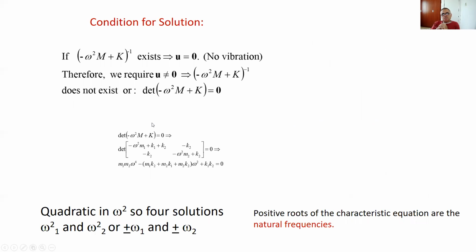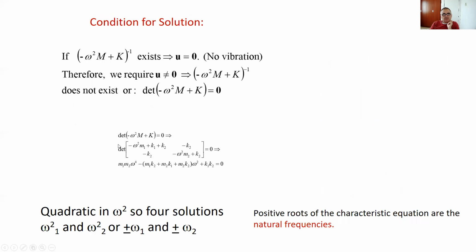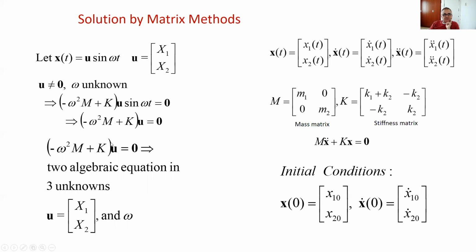Now, let's look at the previous equation, this one. As you see in this equation, one possible solution here is that u is equal to 0. But we don't want that solution. That solution is the trivial solution.